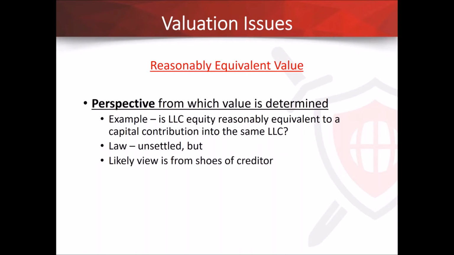So there's a trend toward ignoring, when you determine solvency and this reasonably equivalent value issue, which is how you prove fraudulent transfer, toward making that determination from the perspective of the creditor.